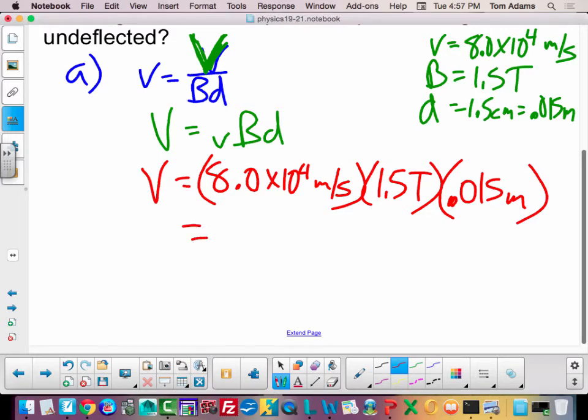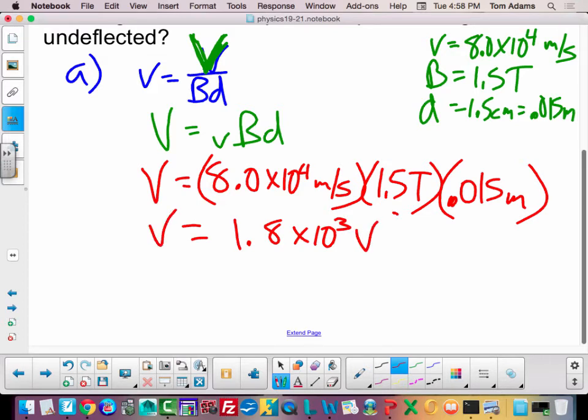And if I plug that in the calculator, let me double check, make sure I have everything correct. Times 10 to the 4th meters per second, 1.5 Tesla, 0.015 meters. Yep. So our voltage should be 1.8 times 10 to the 3 volts. Okay?